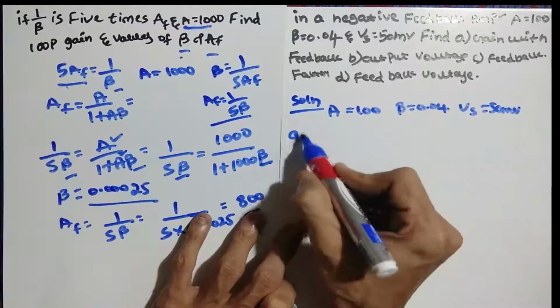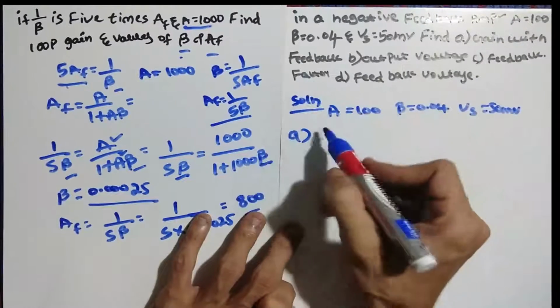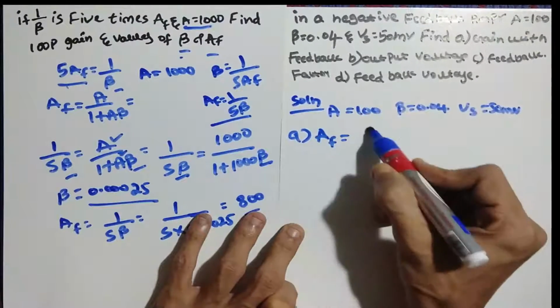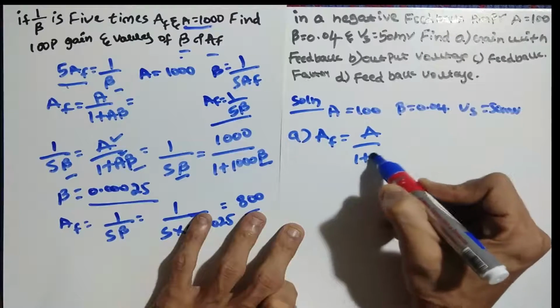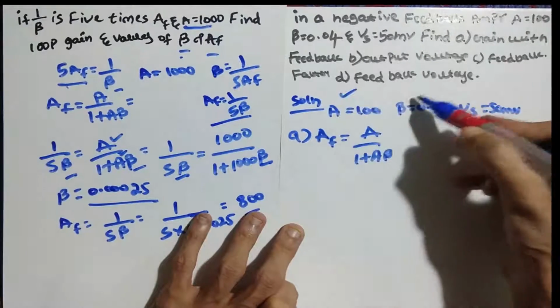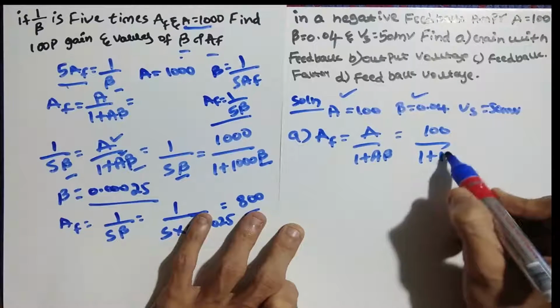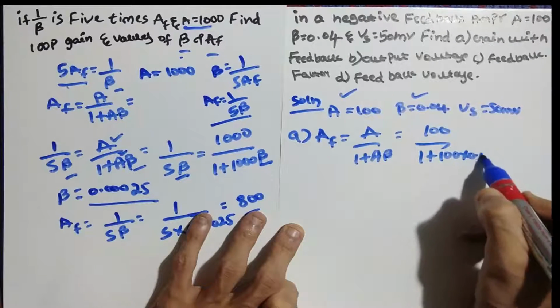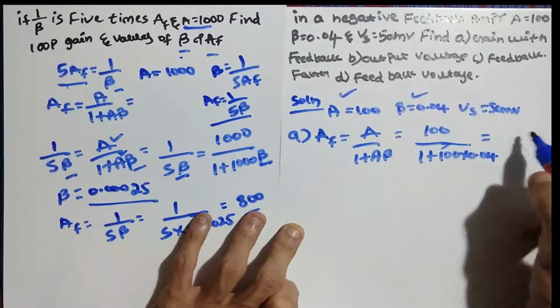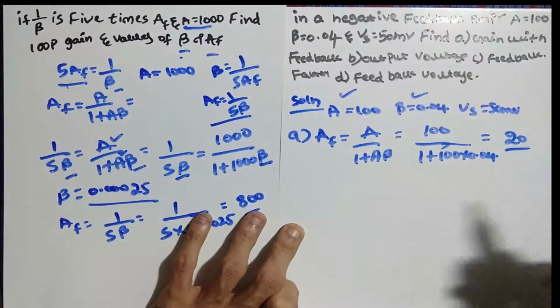So in A, the gain with feedback is nothing but AF. We know the formula A divided by 1 plus A beta. So here A is given, beta is given, so very easy. 100 divided by 1 plus 100 into 0.04. When you simplify, you will get the AF value as 20.